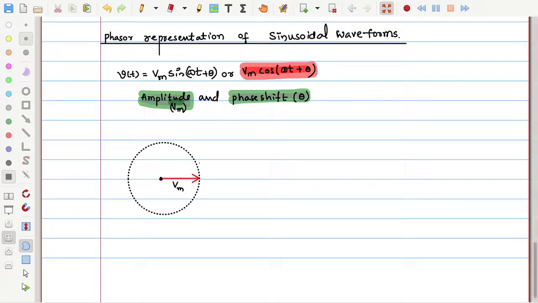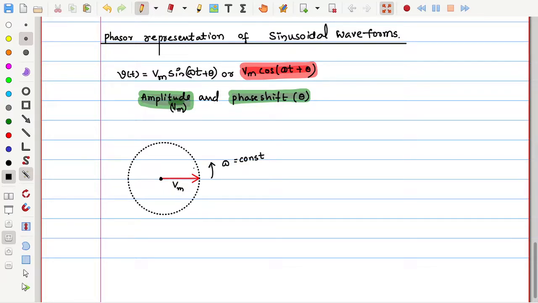Now assume that this arrow is rotating at a constant angular velocity in the anti-clockwise direction. As a result, some interesting phenomena take place.